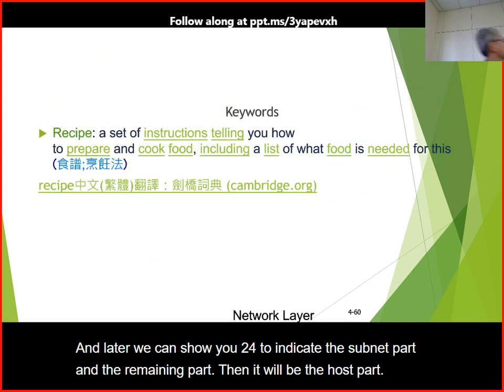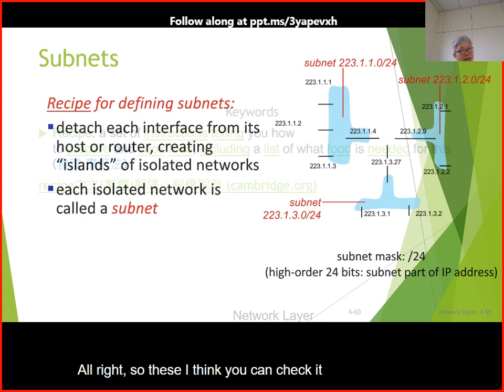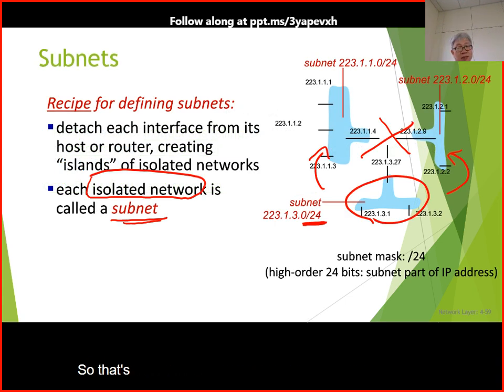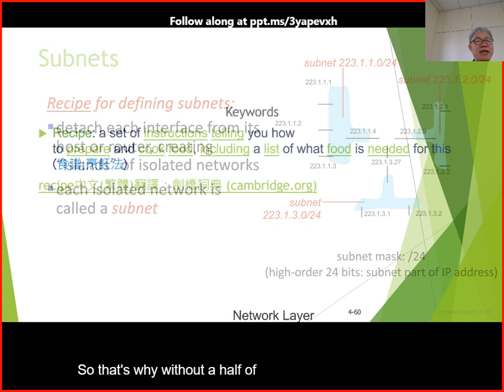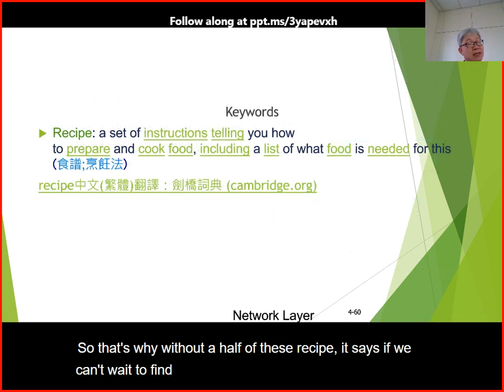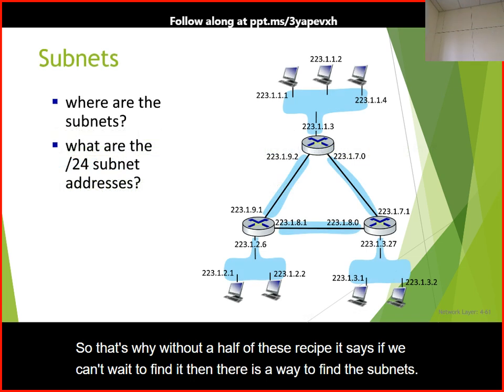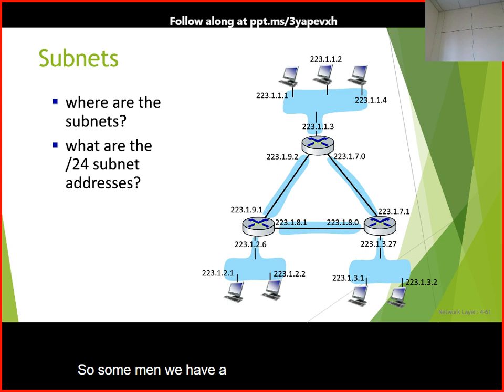Alright, so I think you can check this one. It says if we have some way to find it, then that is a way to find the subnets. So for the subnet, we have 24 previously, serving as the subnet part.